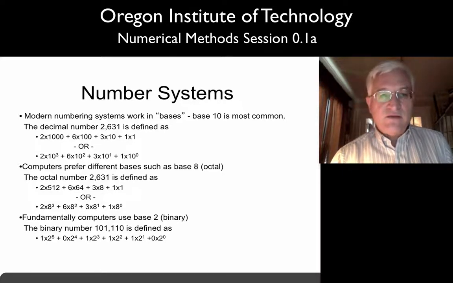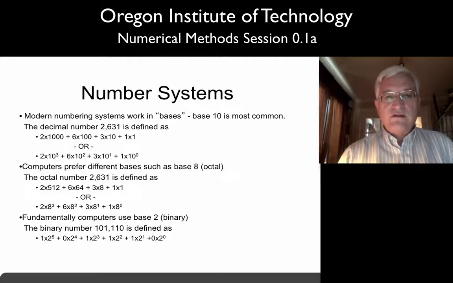And in base 8, we need exactly 8 symbols from 0 to 7. And in base 2, we can only use 0 and 1. The physical nature of a computer drives a base 2 numeric system, which is why we're interested in the third bullet there at the bottom.